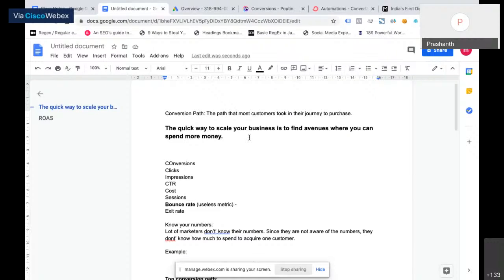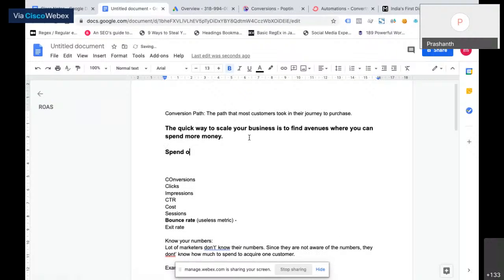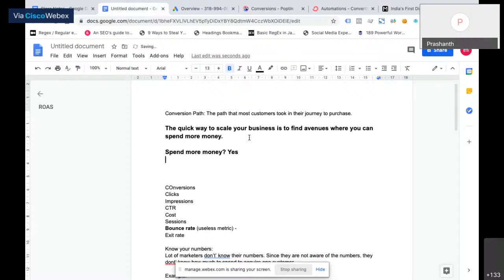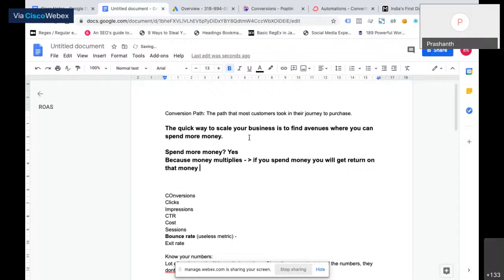Guys, write this. I'm talking from a perfect marketer's point of view. Why? You ask me, spend more money? Yes, because money multiplies. When I say money multiplies, spend money, you'll get return on that money. I'll give you one, two examples, you'll understand.